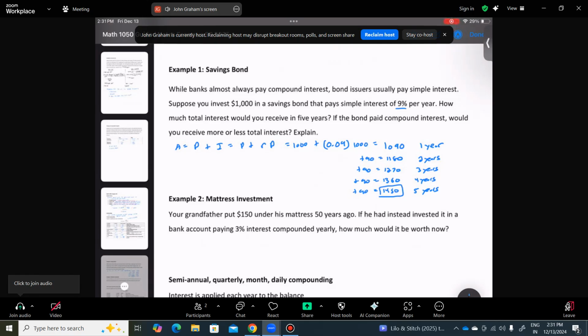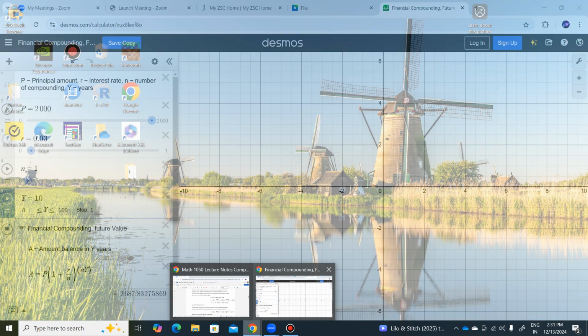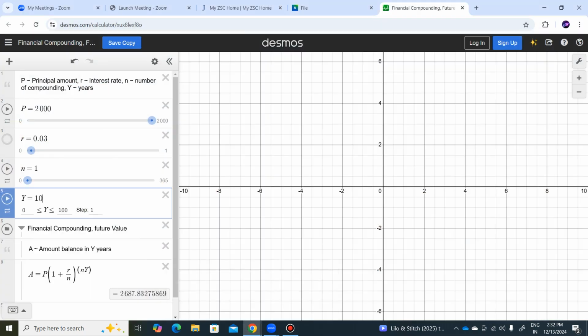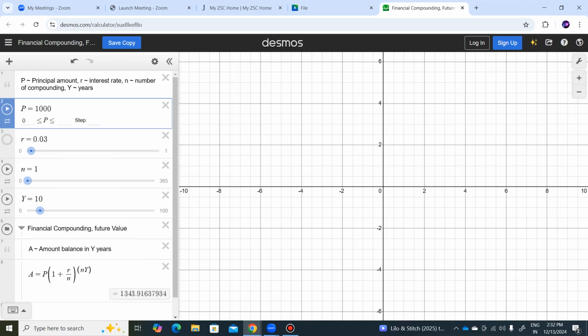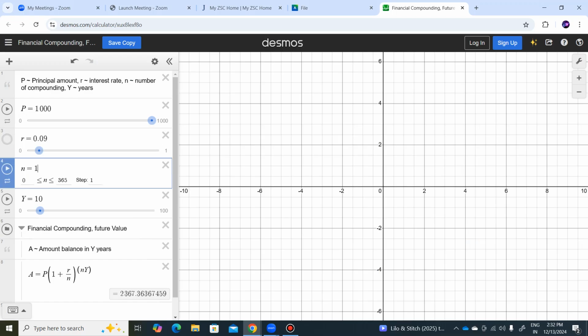Well, we ended up adding $450 in interest over that time. Right. So now let's look at how it would be paid in compounding interest. So the principal amount is 1,000. Interest is 9%. Doing it in 1 year, so N is 1.